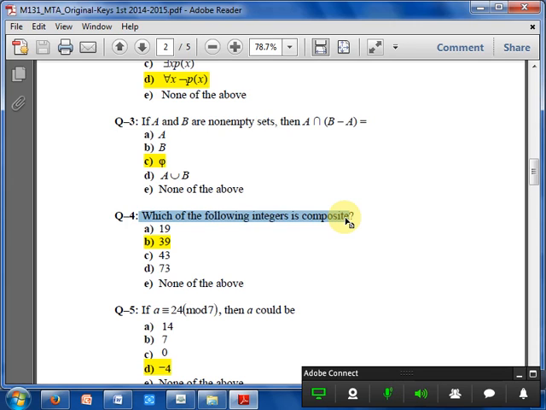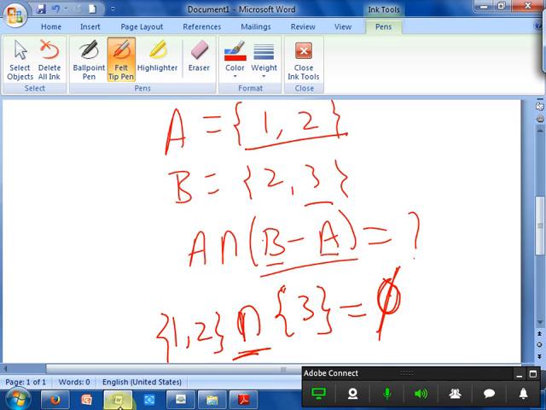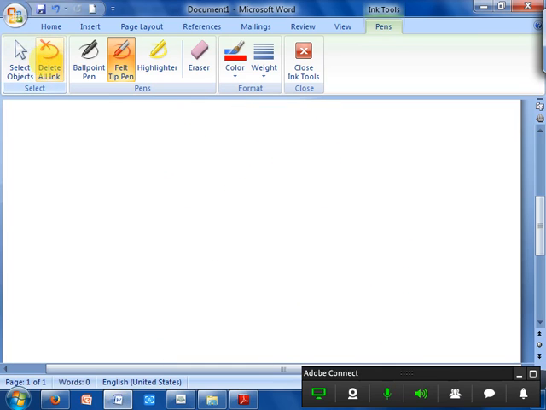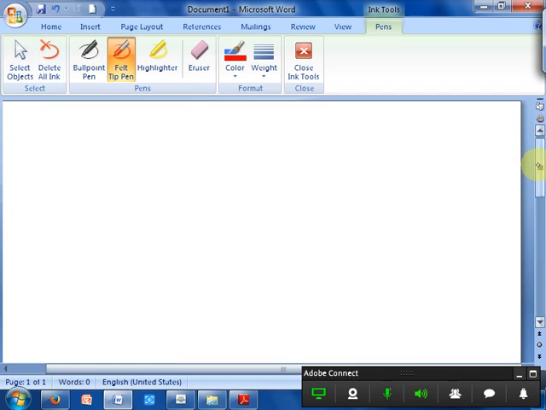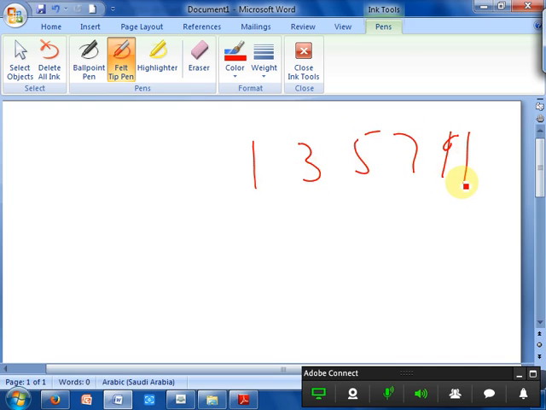Prime numbers are the numbers which are divided by 1 or by itself. For example 1, 3, 5, 7, 11, these are the numbers which are divided by itself or by 1. No, not any odd number.